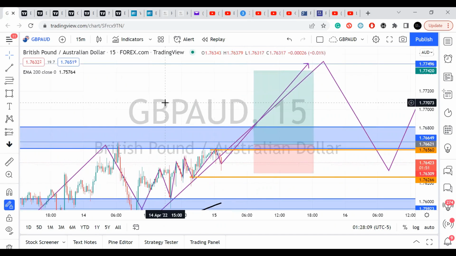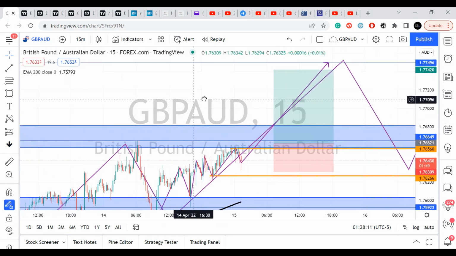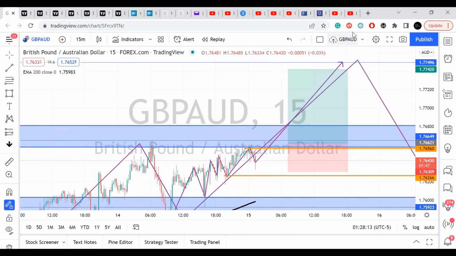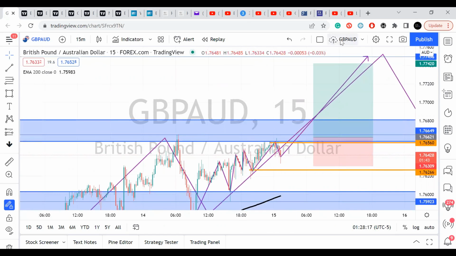All right guys, I think this is just the analysis of this pair, and you don't need to trade all the pairs. This pair moved in the same direction as EA. So whatever you're having here, the same thing you're having on EA.